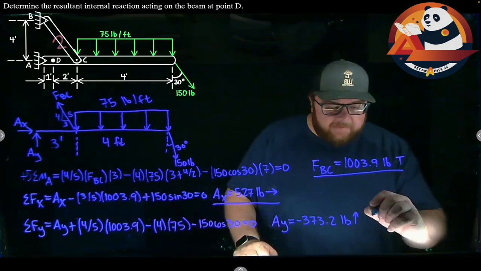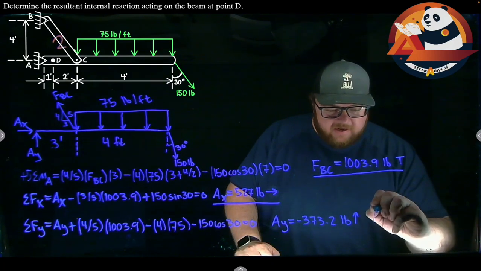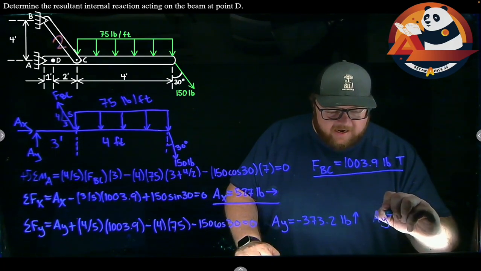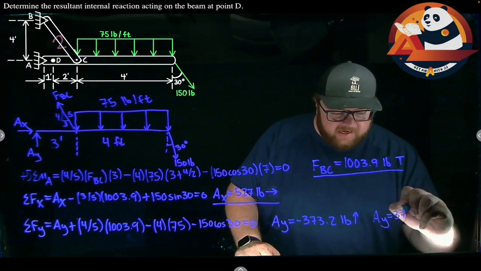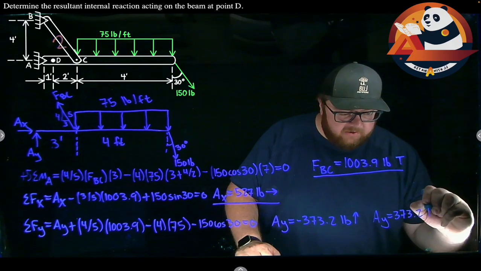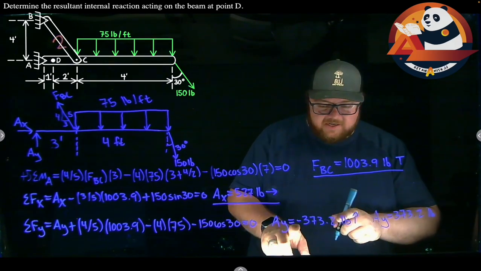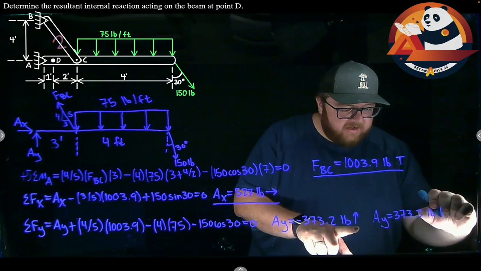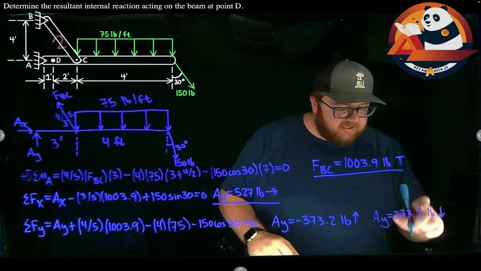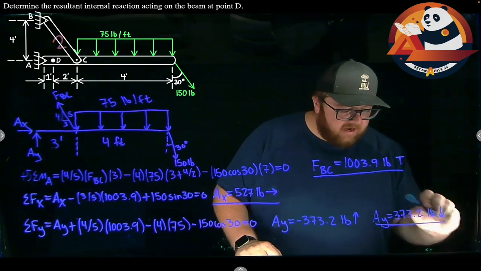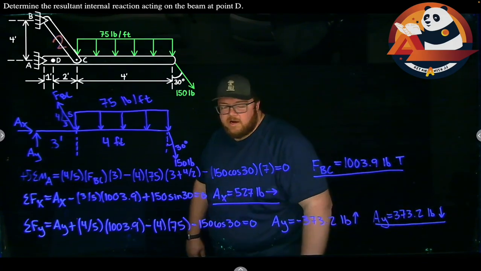So a negative up is really a positive going down. So I should change those around. AY is 373.2 pounds. I dropped the negative here, so I'll change that arrow around. It's going straight down. Always positive with the correct direction. Again, that's my third support reaction.